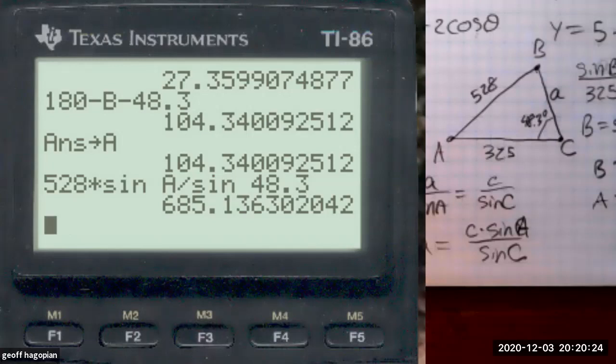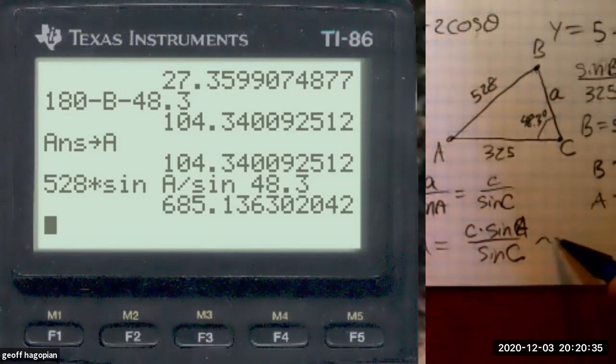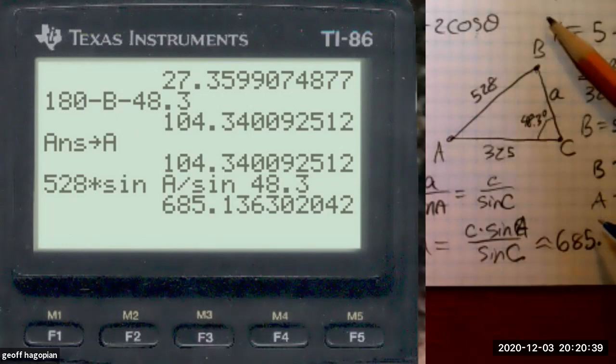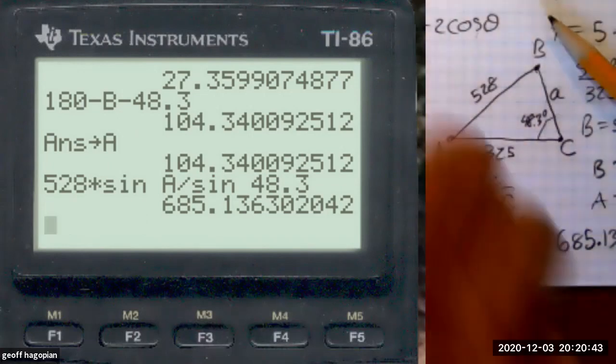And that's a number, 685. Yeah, well, it's the opposite, the obtuse angle, so it's going to be the largest. So that's 685.1363, if you want 4 digits.